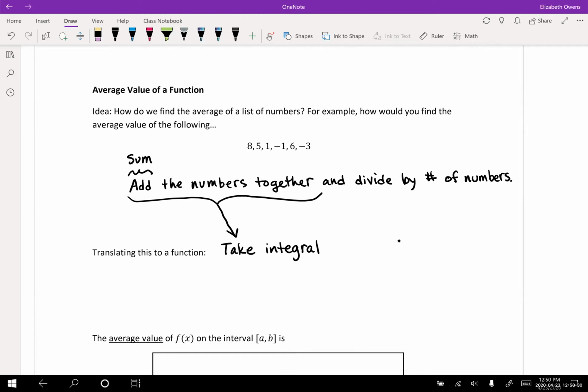So we're going to take an integral, that's like the adding things up part, and then to divide by the number of numbers, here, since it's like a continuous strip that we're looking at, some sort of interval, we're going to divide by the length of the interval.